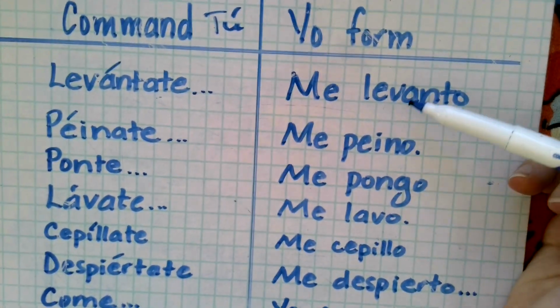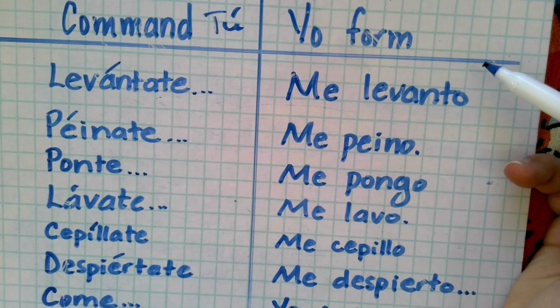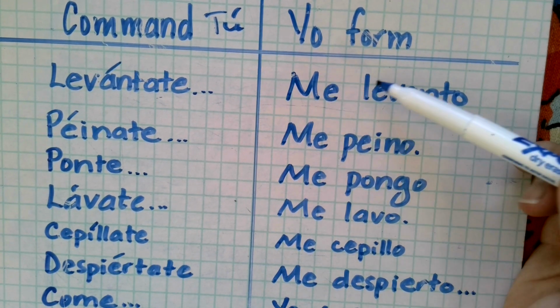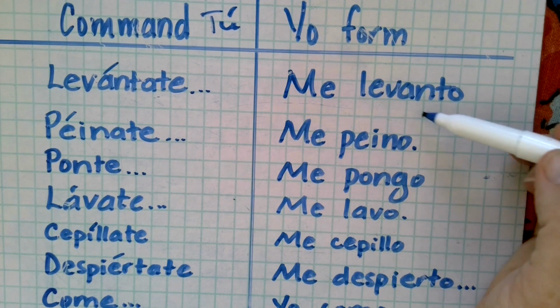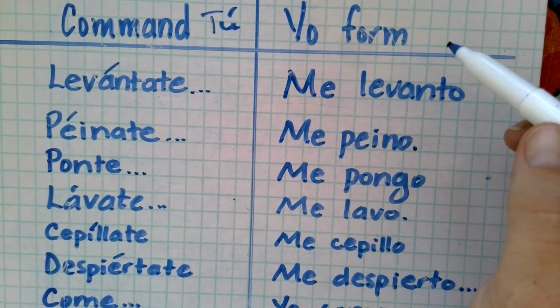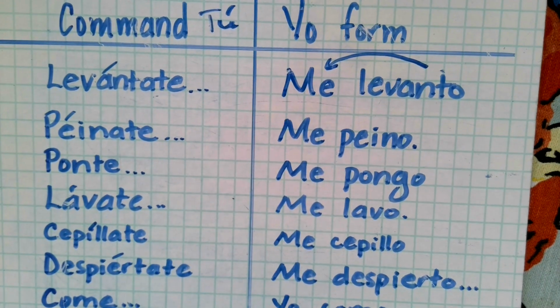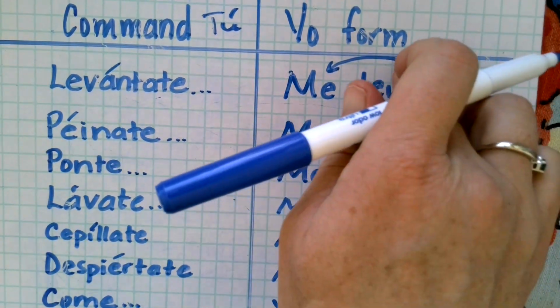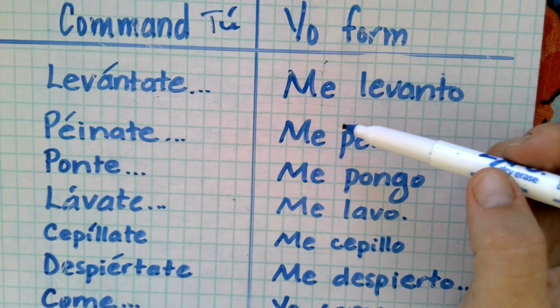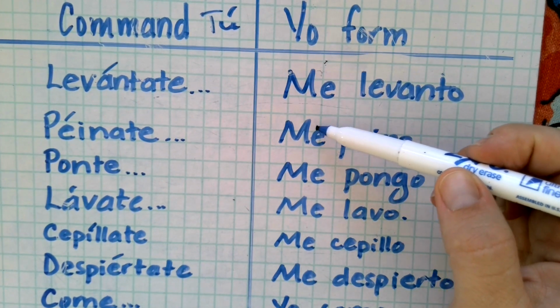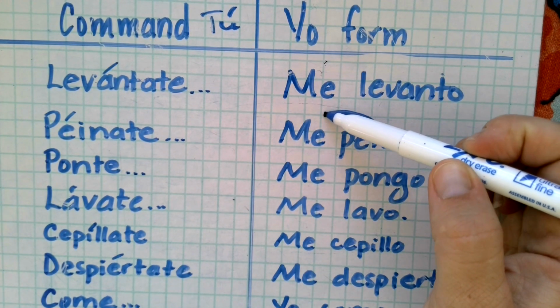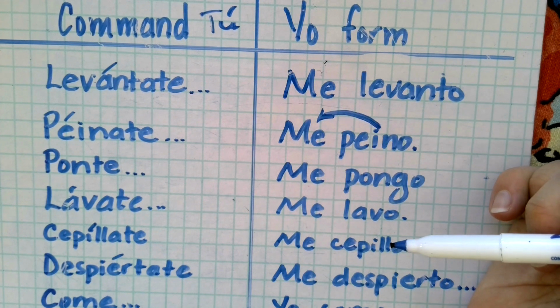So, the real verb is levantarse. So in the yo form, it would be me levanto, which would be like I get myself up. So the verb reflects back on who is doing the action. Okay? Just think of that for reflexive.